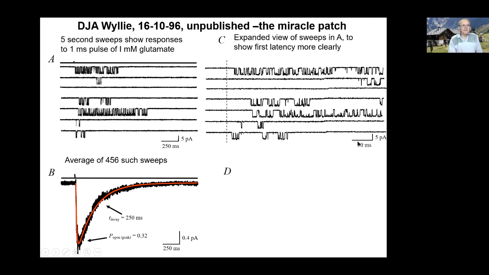This is a 50 millisecond calibration, so these are 1 second sweeps rather than 5 second sweeps. The dashed line shows the moment when the pulse was applied, and we can see there the first latency was around 50 milliseconds in that particular case, but it's very variable.